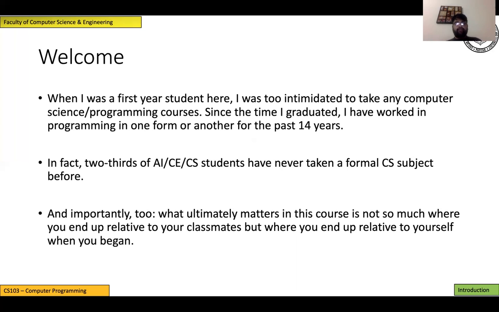What is important for you and what matters ultimately for everyone in this course is not so much where you stand relative to your classmates. Of course, it does in terms of your grade, maybe. But what I'll try to do is that if someone knows programming, he should get a good programming grade. And at the same time, if someone does not know programming, he should never get a good grade.